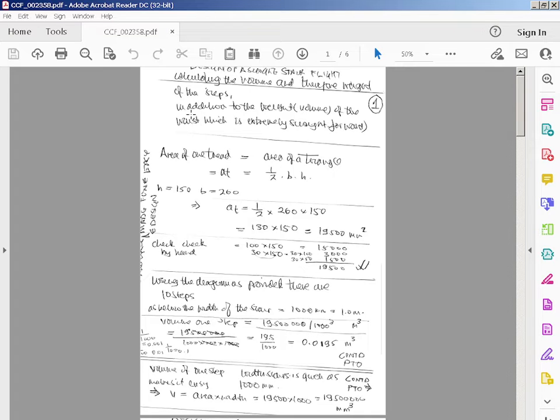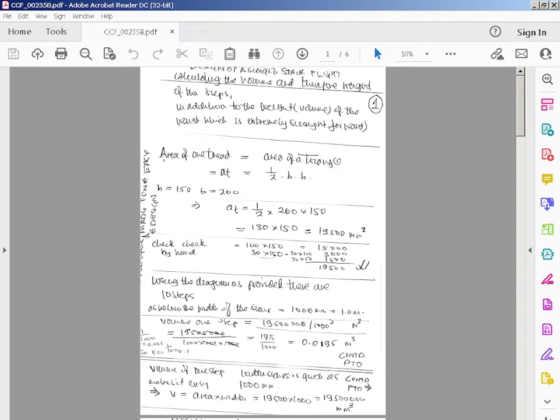In addition, it says the factored load on the stairs, so you need the dead load and the live load. The dead load is the weight of the waist plus the weight of the steps, and then the live load is just the 2.5 kilonewtons per meter squared times the safety factor. So it says calculate the volume and therefore the weight of the steps in addition to the weight of the waist, which is extremely straightforward.